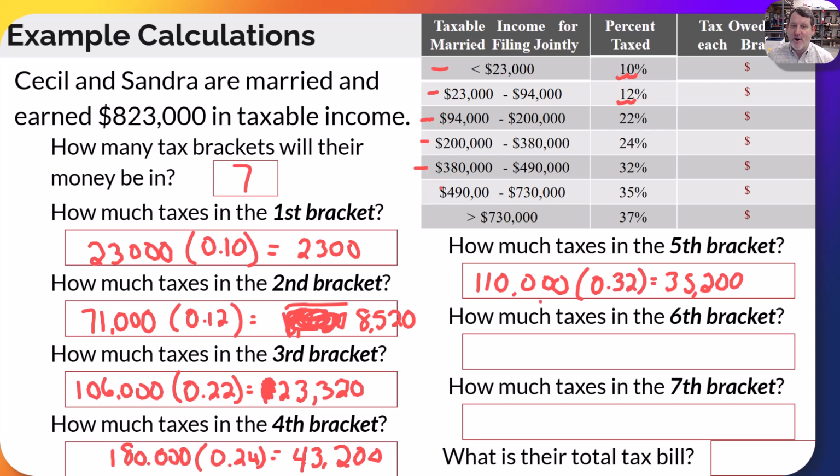Sixth bracket, this one's also full. This bracket goes from 490 to 730. So I do 730 minus 490. That's $240,000. So that's our biggest bracket yet. So $240,000 goes in here, and you multiply that by 0.35.